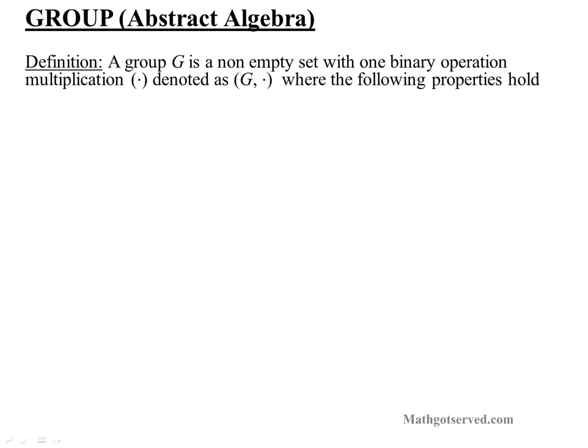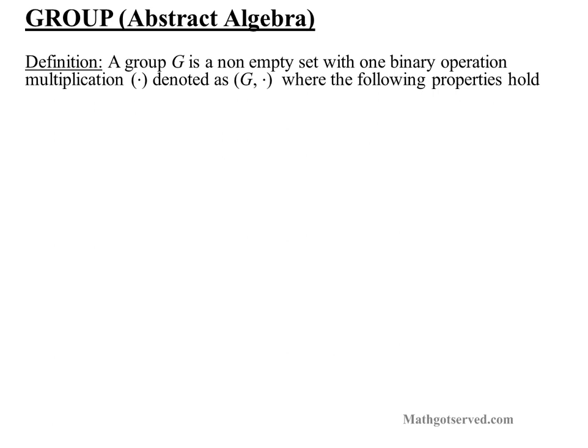A group can be defined as a non-empty set G. We're going to call the group G in this example. So we have a non-empty set G with one binary operation, namely multiplication.